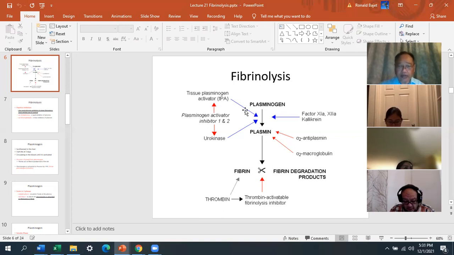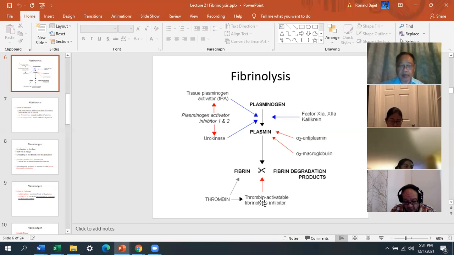Your activators act on plasminogen going to plasmin, and then your inhibitor, the alpha 2s act on plasmin, and this inhibitor acts on TPA and urokinase. The urokinase can be urokinase slash streptokinase. And then your thrombin going to fibrin, and fibrin going to fibrin degradation products, and then thrombin going to thrombin activatable fibrinolysis inhibitor.